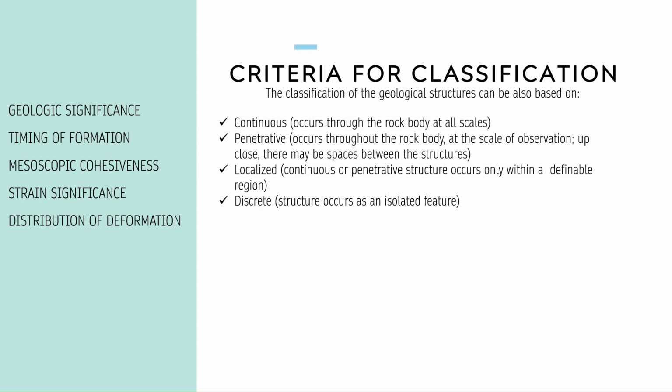For example, slickensides are a non-penetrative structure that forms only on the surface of the rock. When you are dealing with gneissosity or schistosity, you can expect that structure to extend inside the rock also. So that is penetrativity. Then we have localized, that is only deformed at certain positions, like baking of country rock during intrusion, all those things. Then there is discrete, only isolated at some points. So this can be a classification based on distribution of deformation.